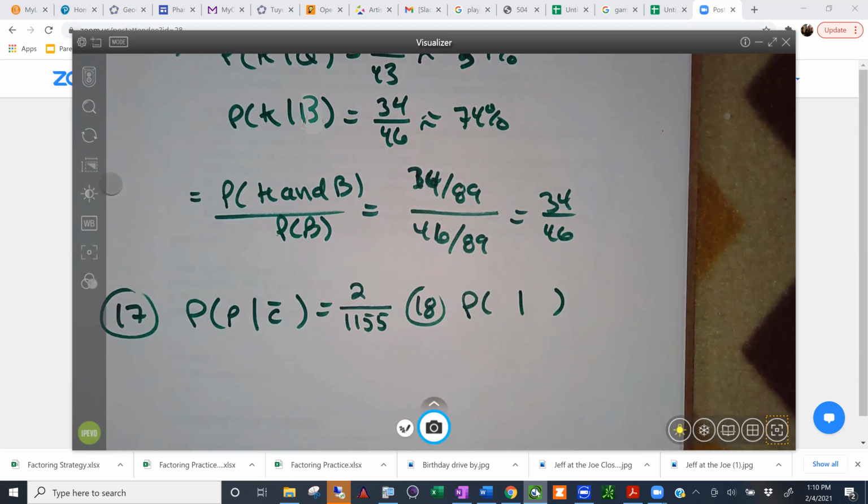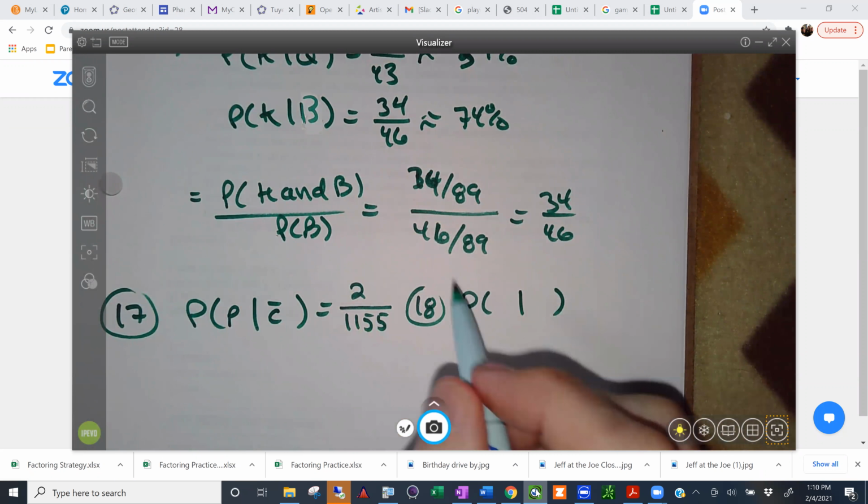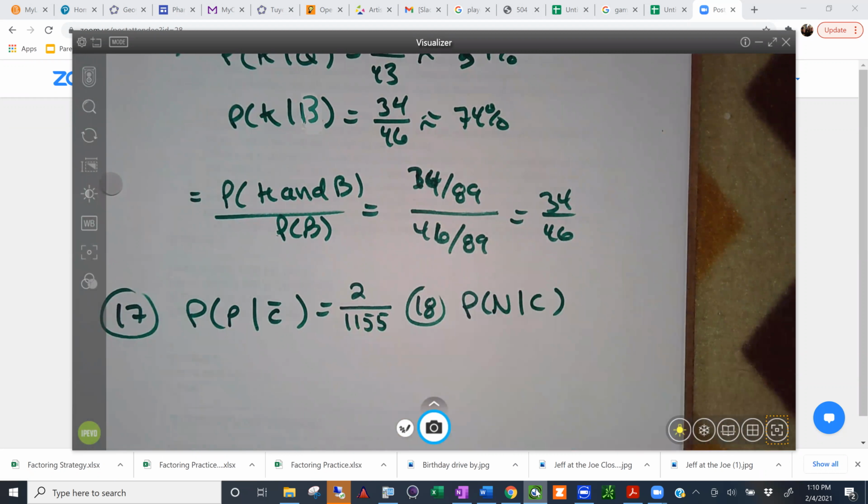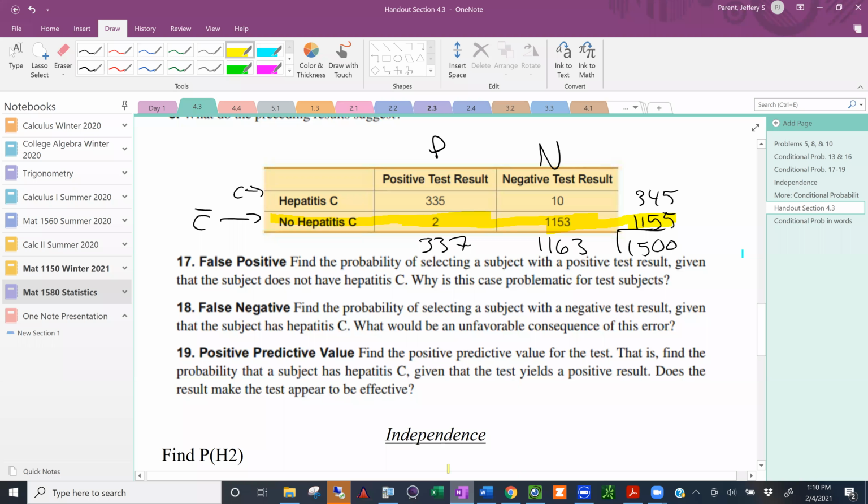N and C. Awesome. Probability of N given C. Let's see if we can do that calculation. We're no longer working with the yellow row. What am I working with? 345. Nice.